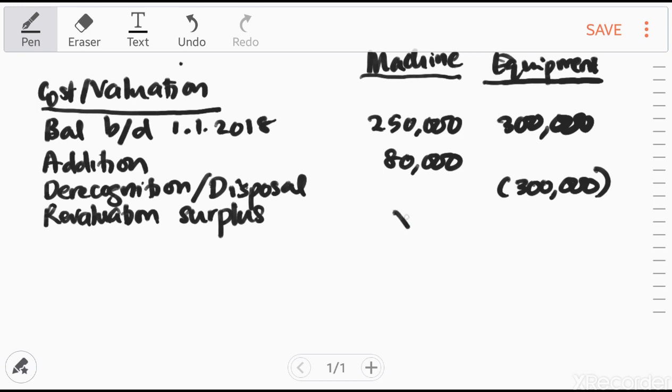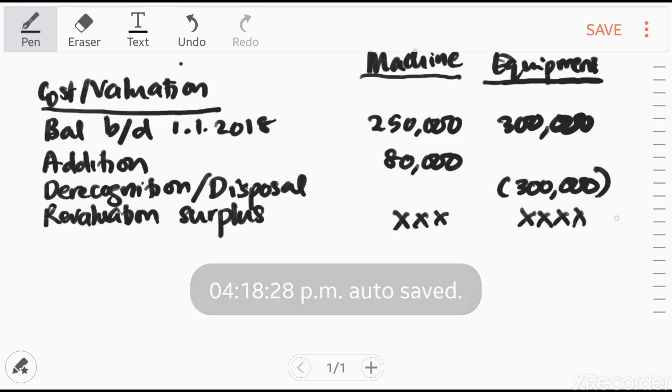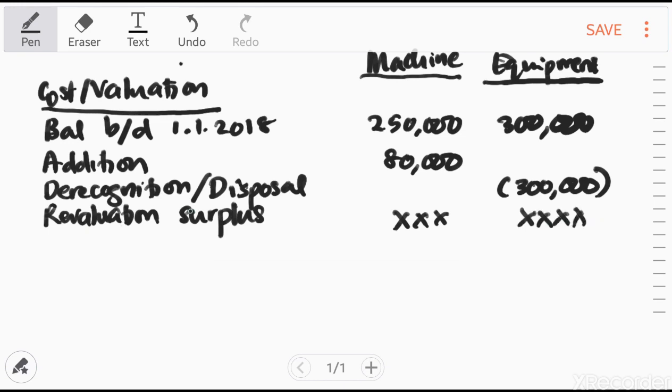But in our case, none. I'm just putting this to show you. Or if there is any deficit, if, let's say, you have one of these items being subsequently measured using a revaluation model. So you can use this as a guideline.